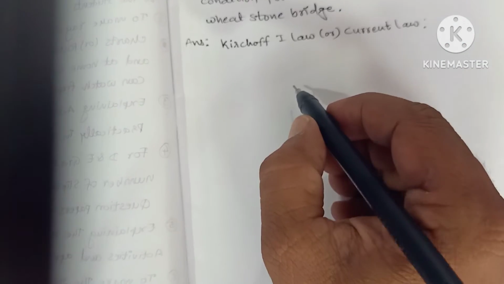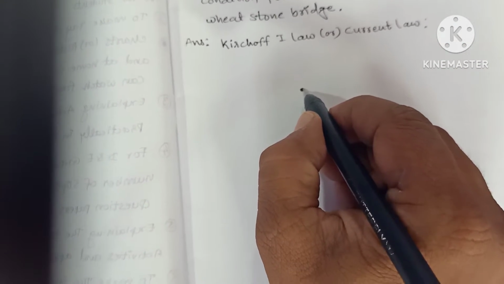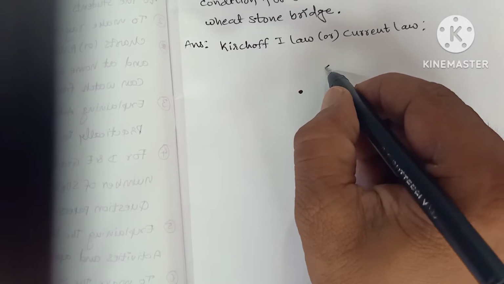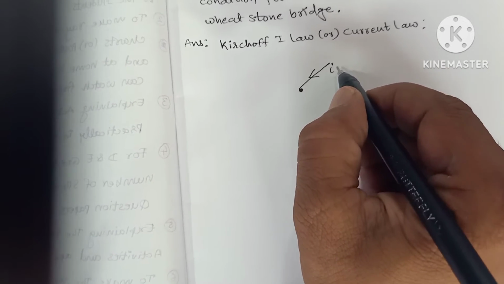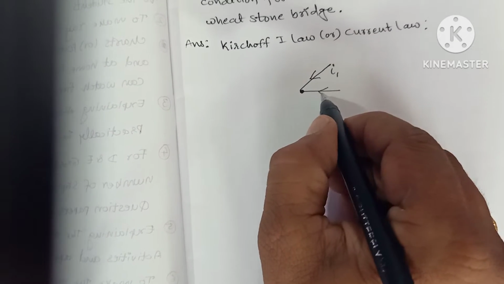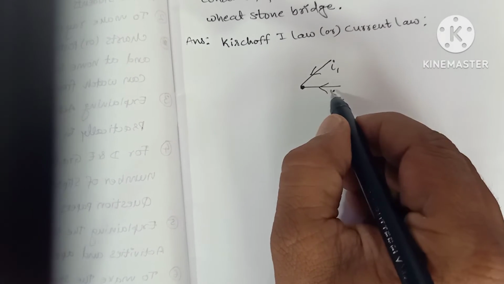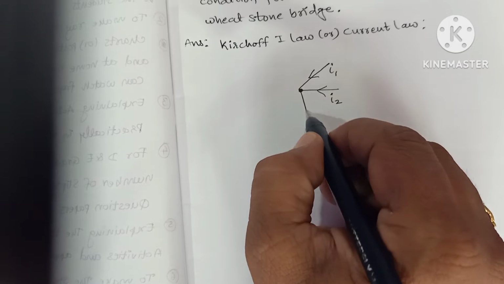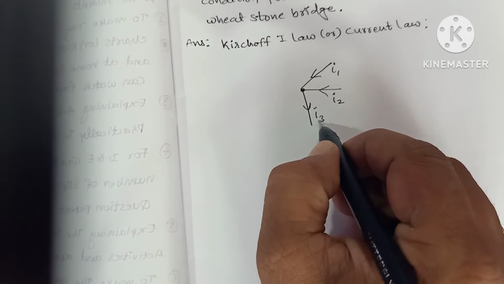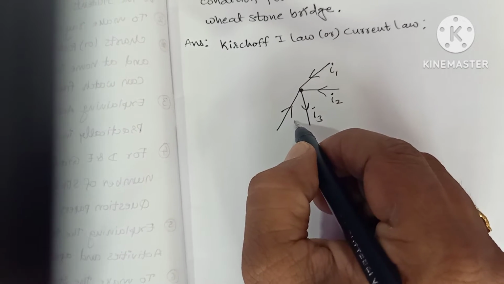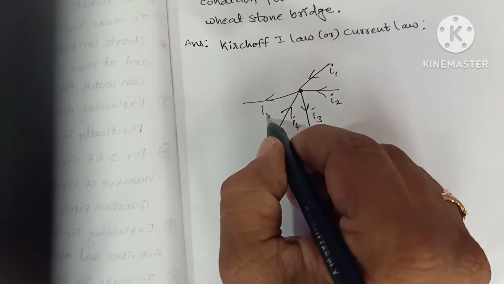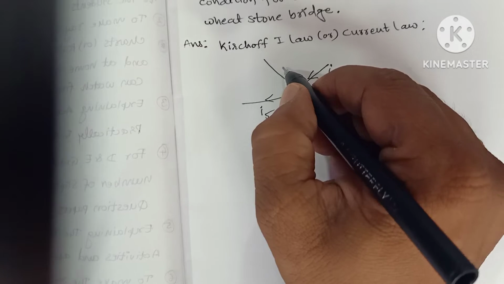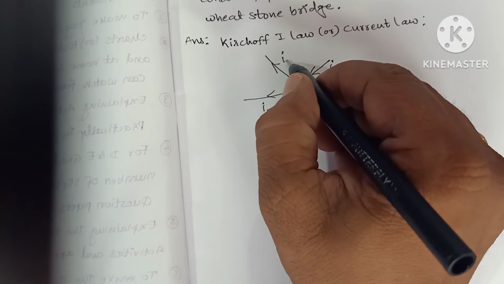Now let us suppose that this is a junction connecting different types of currents, say I1, I2, which is flowing towards the junction, and say I3 flowing away from the junction, I4 flowing towards the junction, I5 flowing away from the junction, and let's say I6 flowing away from the junction.